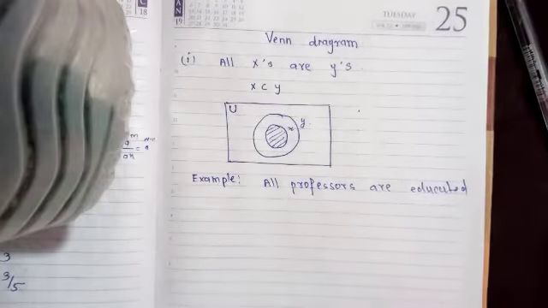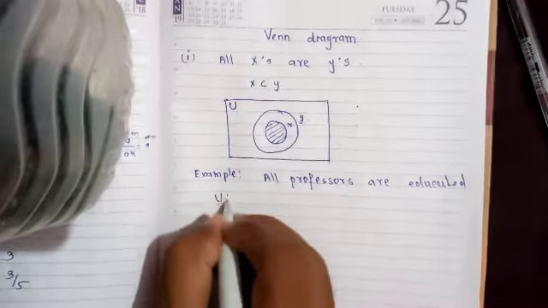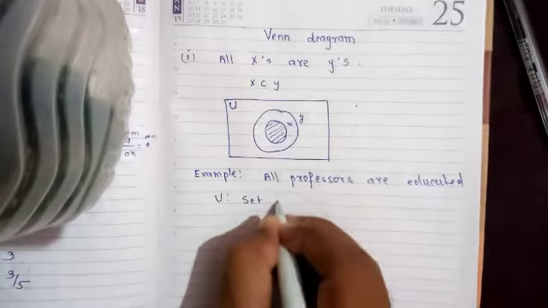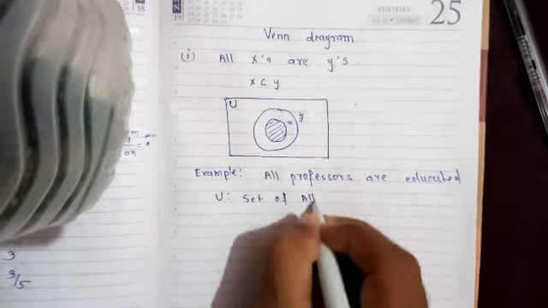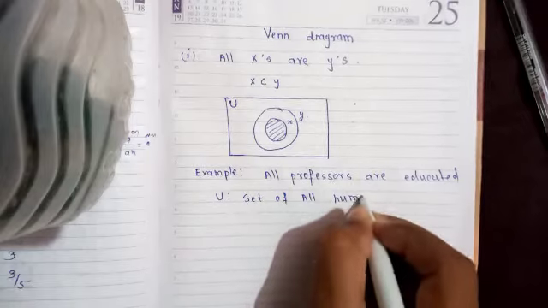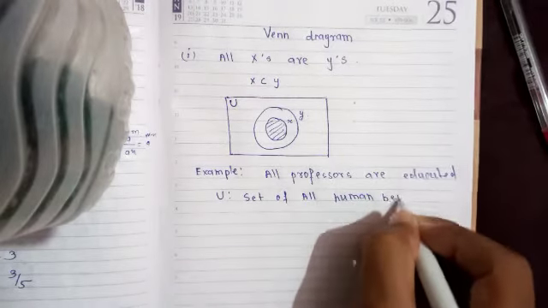So you will define a U set, that is the set of all human beings.